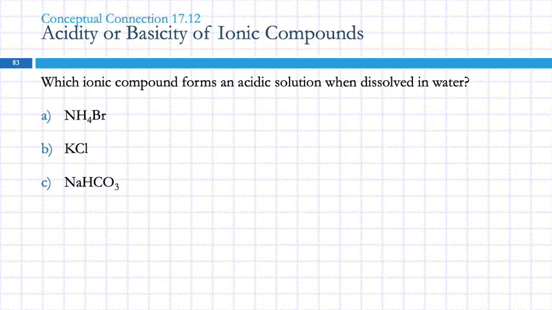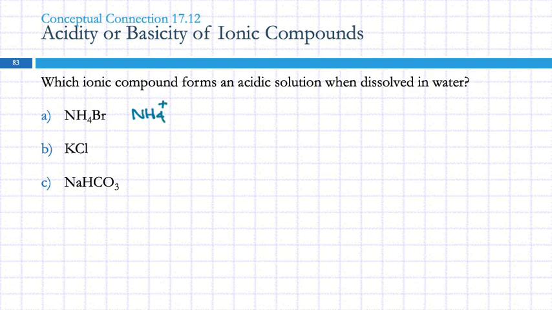Which ionic compound forms an acidic solution when dissolved in water? This is kind of asking it the other way. Not what are these, but which one forms an acidic solution. So we're looking for something where one of the ions can act as a weak acid. So again, let's look at the individual ions.